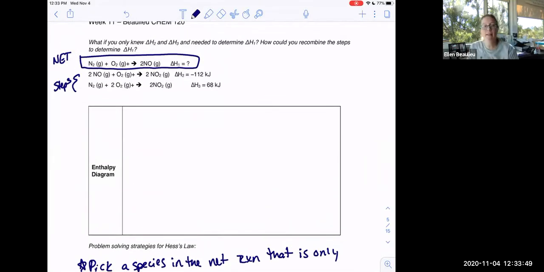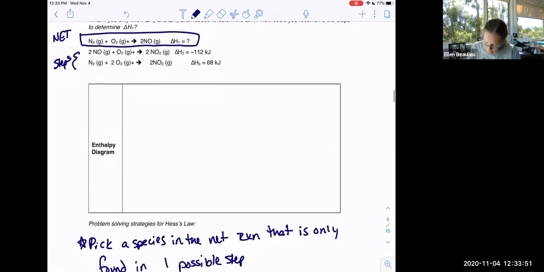Pick a species in your net reaction that's only found in one possible step. Well, here's nitrogen as a reactant, and here's nitrogen as a reactant. It's only in that step. Does everybody see that?